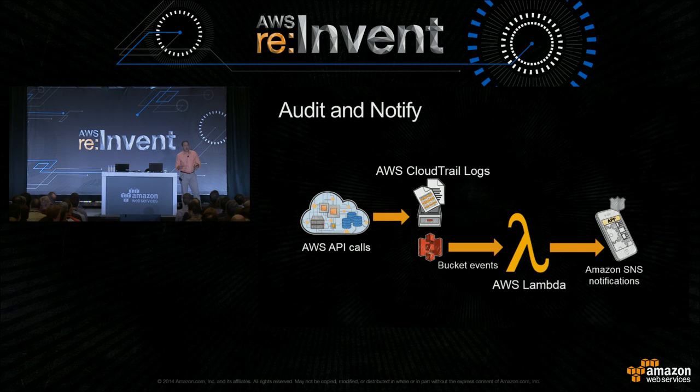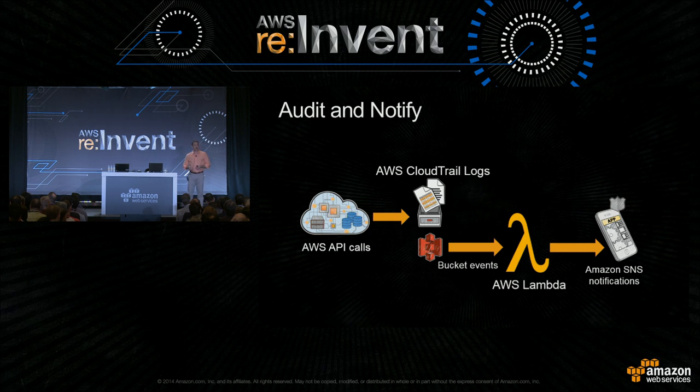To expand a little bit on that notification one, we think there's a whole range of really interesting auditing cases here as well. So if you're already familiar with AWS CloudTrail, you know that we have a service that for any API call across the whole range of AWS services can generate a log file in S3 to tell you who's been calling what and who's been doing what with your resources.